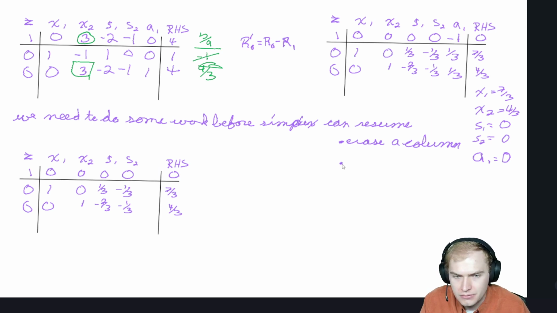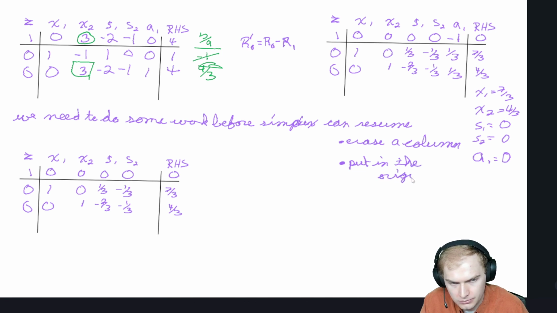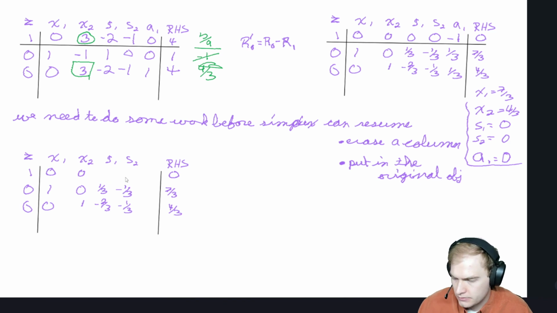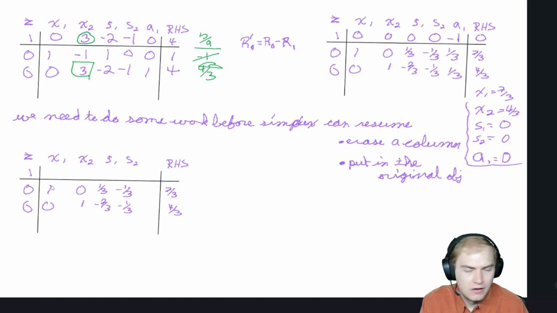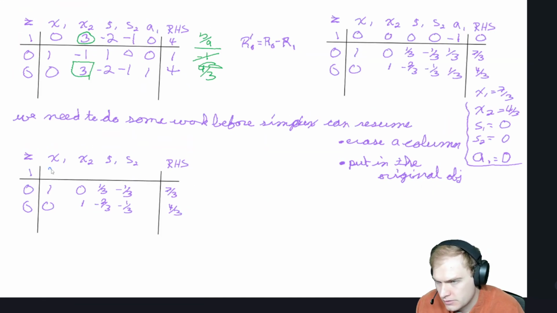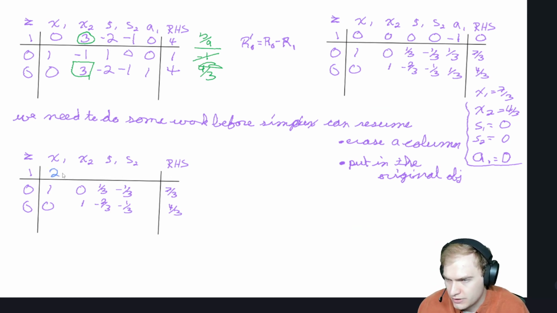Then we're going to put in the original objective to the original problem. Demarcate that for us. So what was the original objective? It was 2x1 minus x2. I don't need the variables in there, just the coefficients.